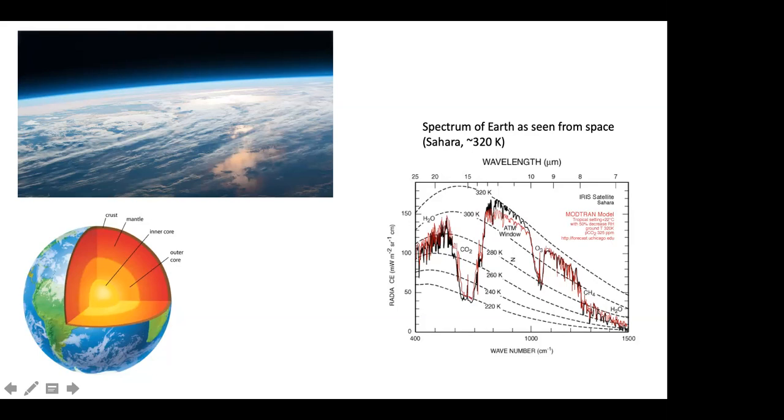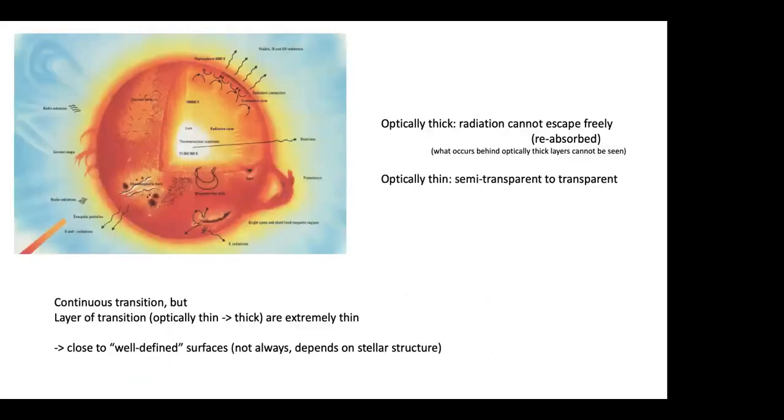Now, with this in mind, if we go to a star, we see exactly the same, because, as we have mentioned before, you have density increasing inside. So inside the star, there must be a very high density. This means, because of the high density, that the material is optically thick.